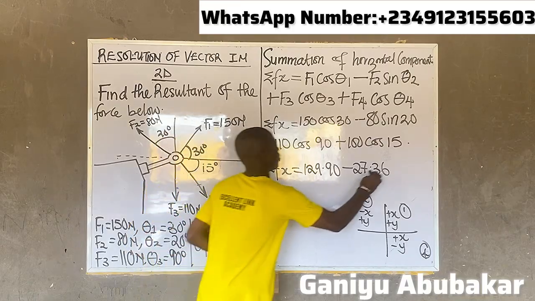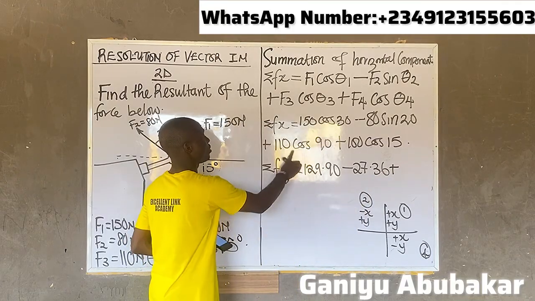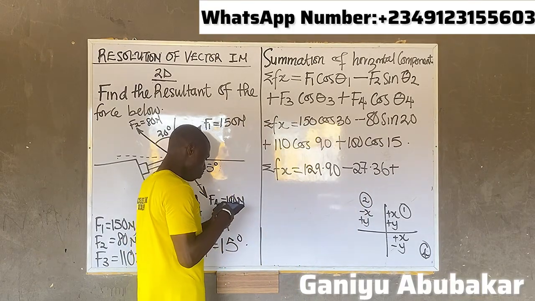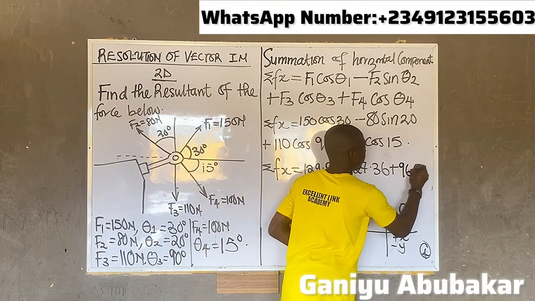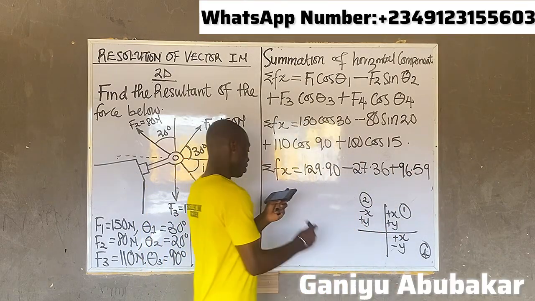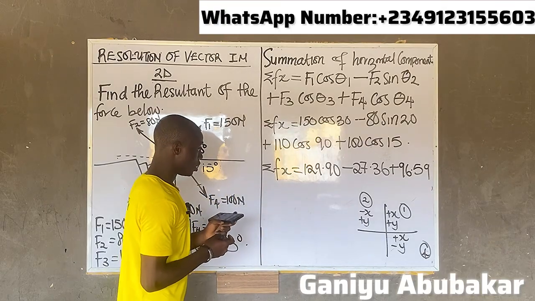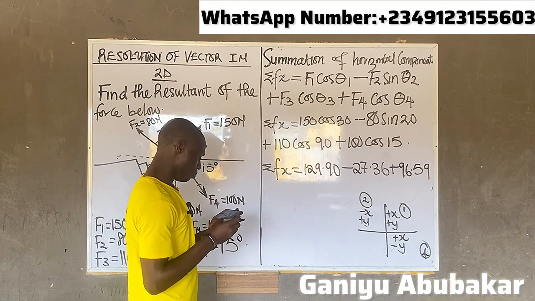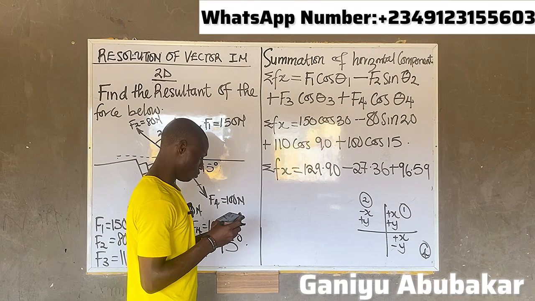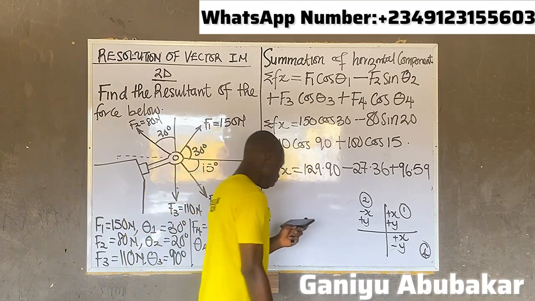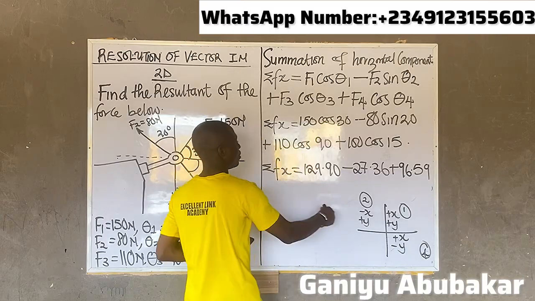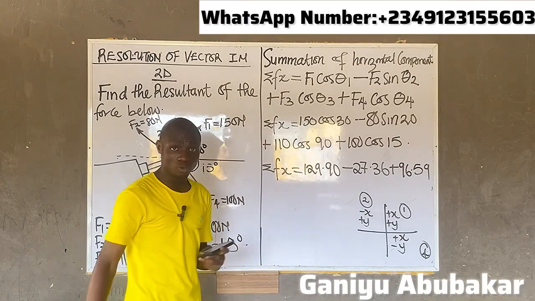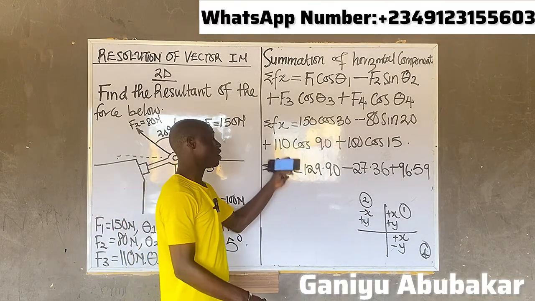So I have plus 110 cos 90. Cos 90 is 0. 0 times 110 is 0.